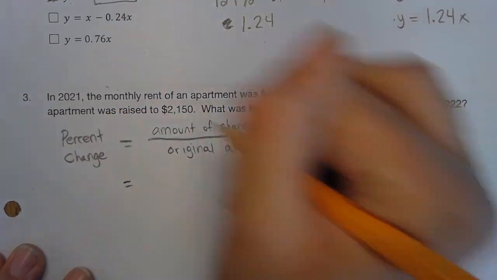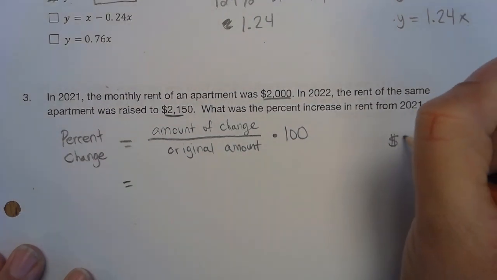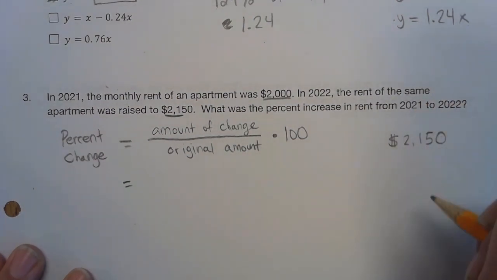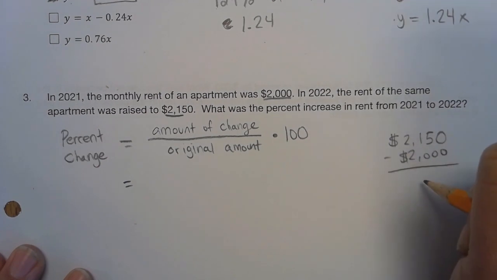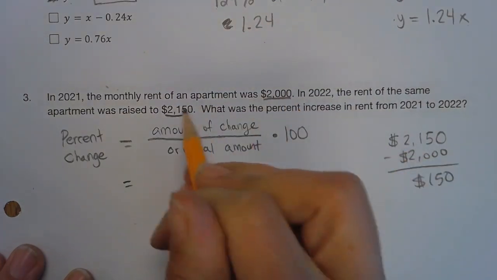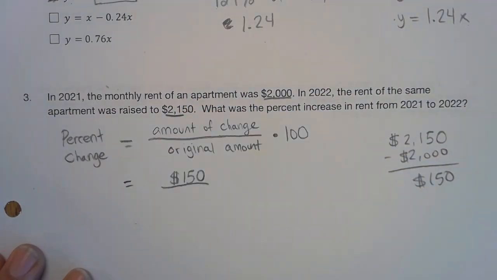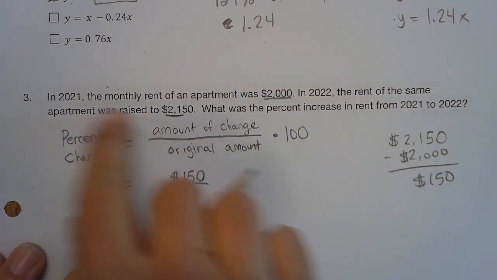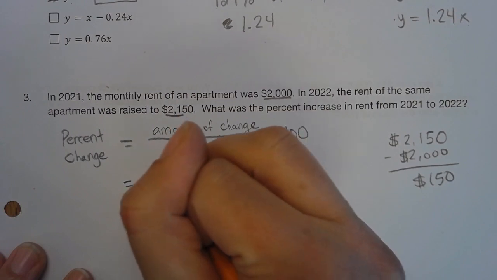So to find the amount of the change, we can subtract the new amount minus the old amount. So here, the new amount is 2,150. The old amount was 2,000. So it's a change of $150, right? And we can probably just see that looking at it. It got $150 more expensive. And the original, the earlier one, was $2,000.